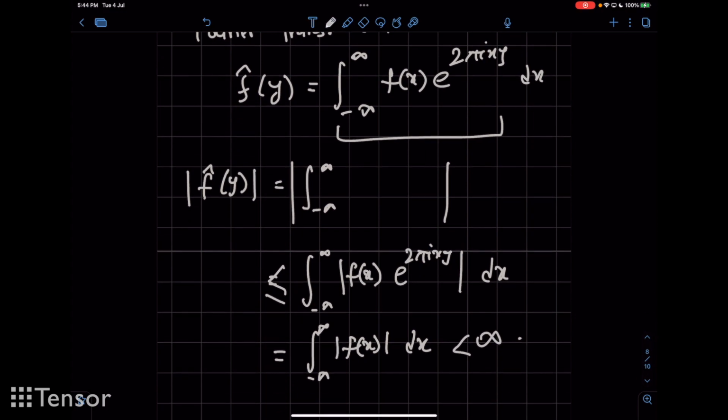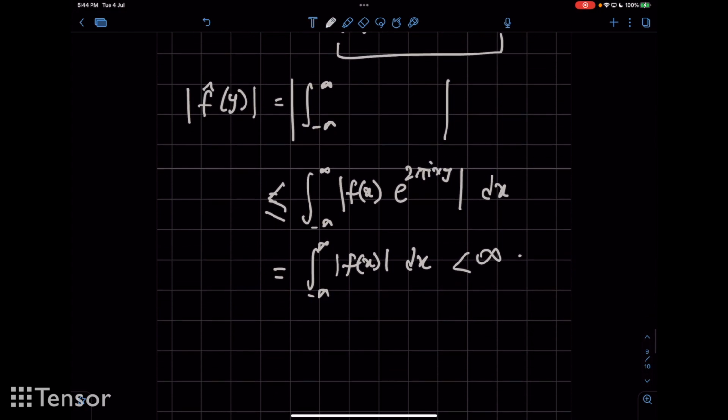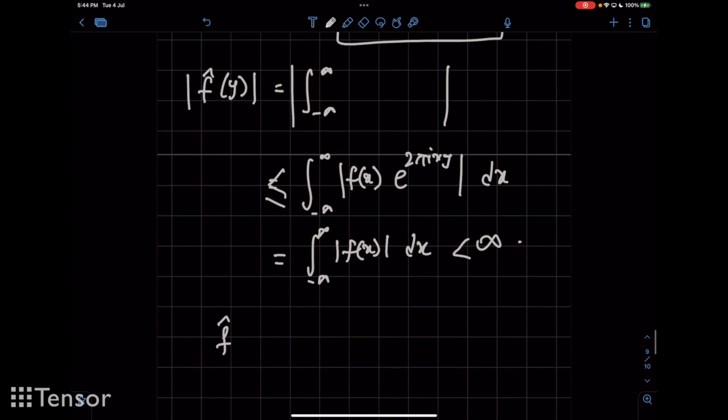And there's also another very interesting result about Fourier transformation. Suppose now we have this function f hat. We can compute the Fourier transformation of f hat, right? So what will be the Fourier transformation of f hat?